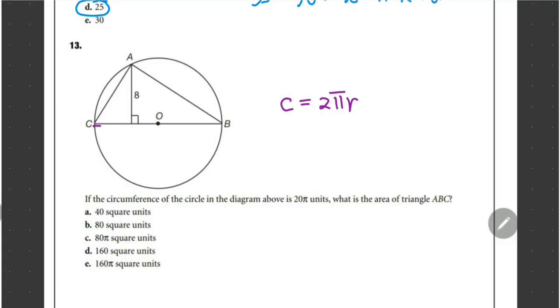Take note that the base of triangle ABC is the diameter of the circle. This one is the diameter of the circle, which is twice the radius. So BC here is the diameter.